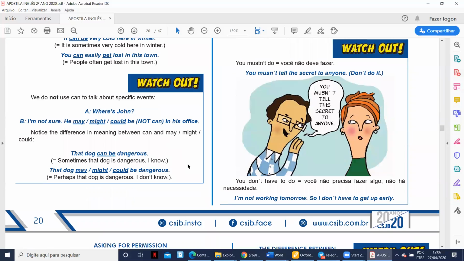These are quite important parts of our lesson, yeah? Watch out means that we have to be careful. Something is worth paying attention to. And what is that? We do not use can to talk about specific events, okay?